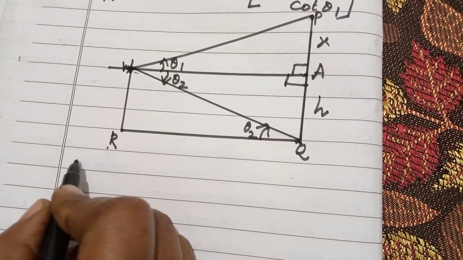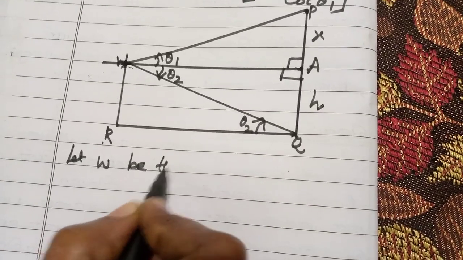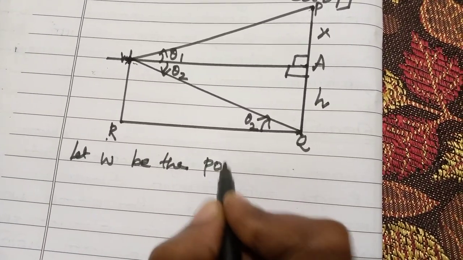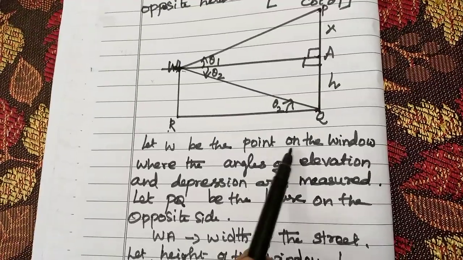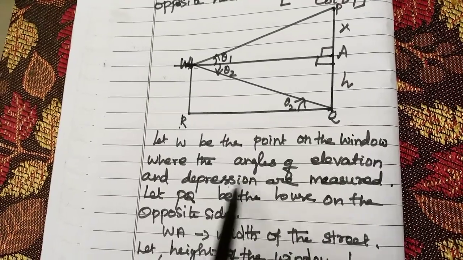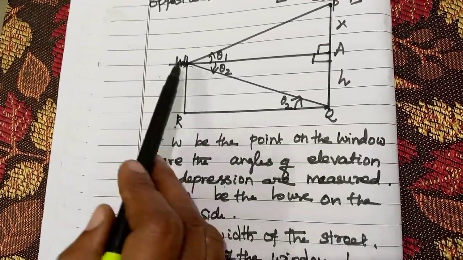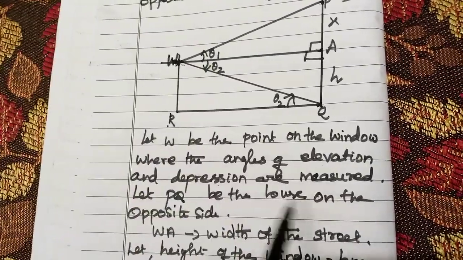Let's write. Let W be the point on the window where the angle of elevation and depression are measured. From this point only, elevation as well as depression is measured.